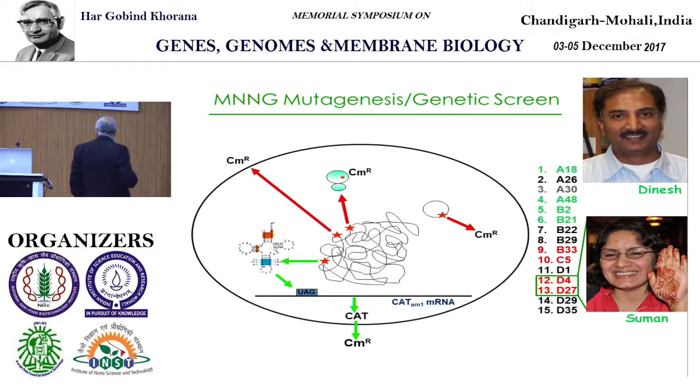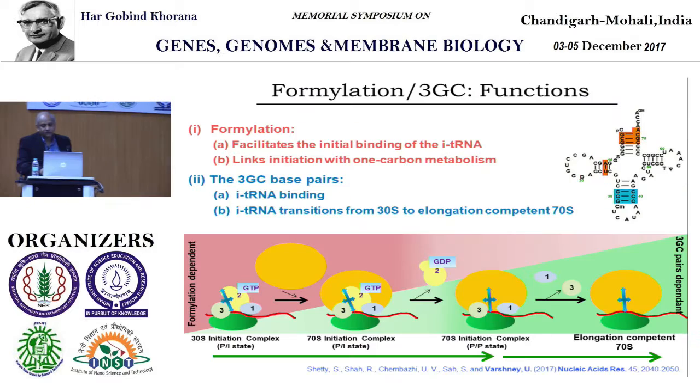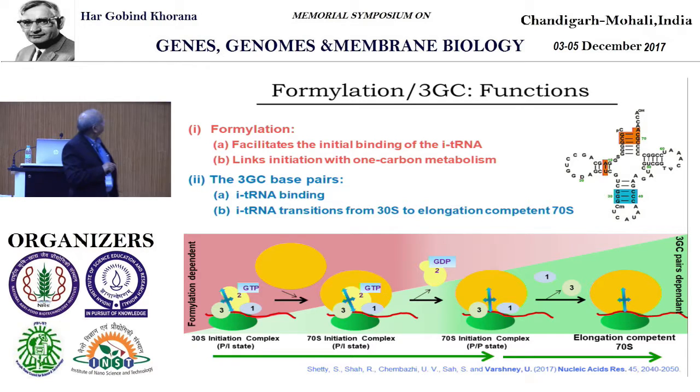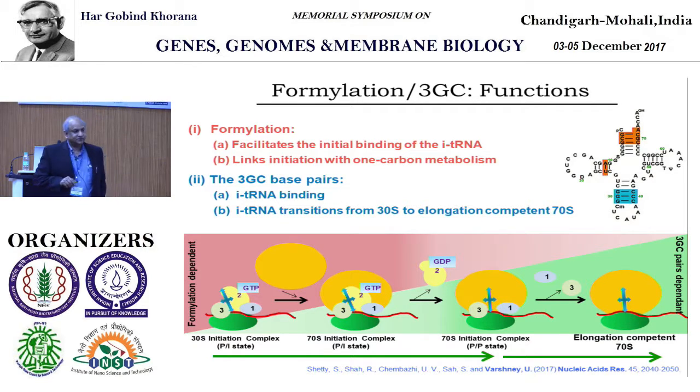Now we've been working on these strains for the last many years really, and we have learned quite a lot about the process of protein synthesis. And what I can give you is a little bit of a summary here. If we look at why formylation is needed in the case of initiator tRNA, there are two things really.